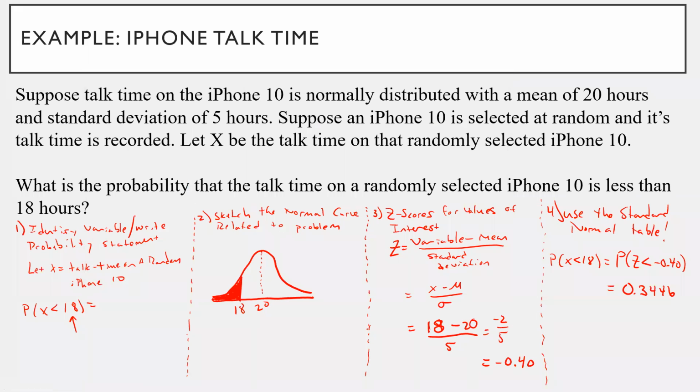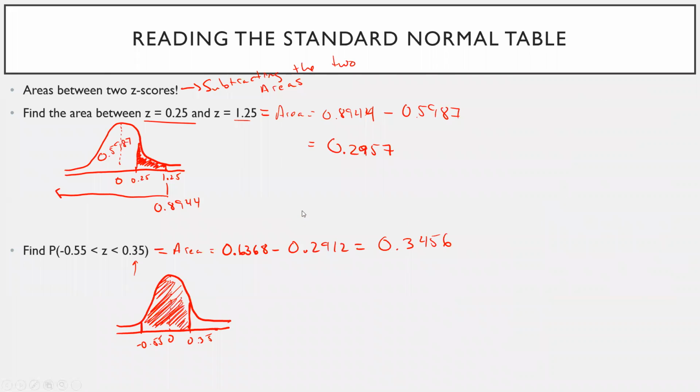I actually have a question relating to something we did before this iPhone example. It was the one with area between two z-scores. The last one that we did: for z greater than negative 0.55, how did you get 0.2912?